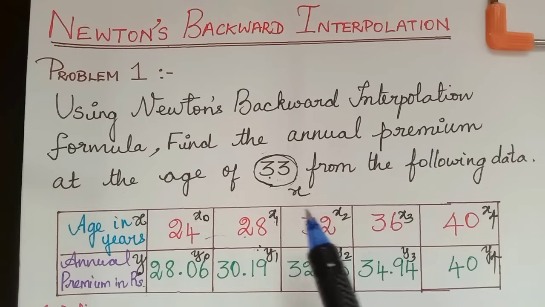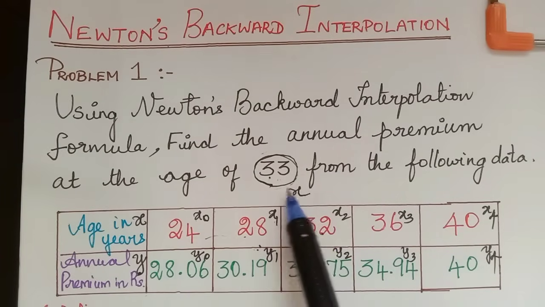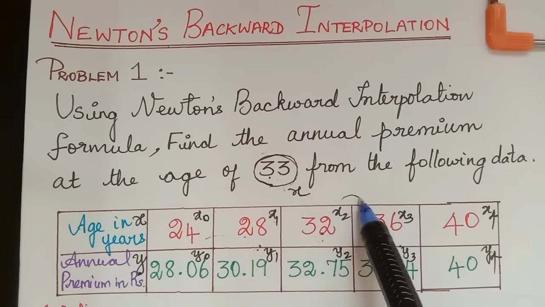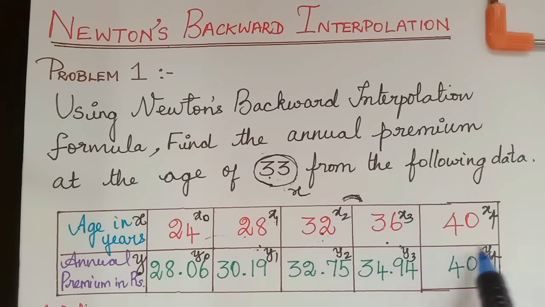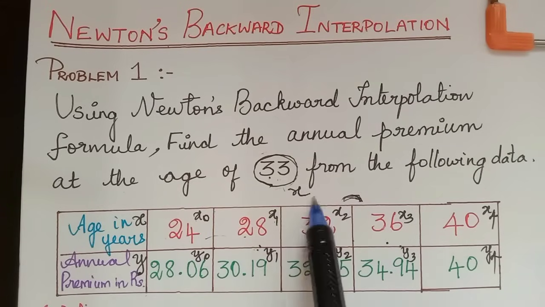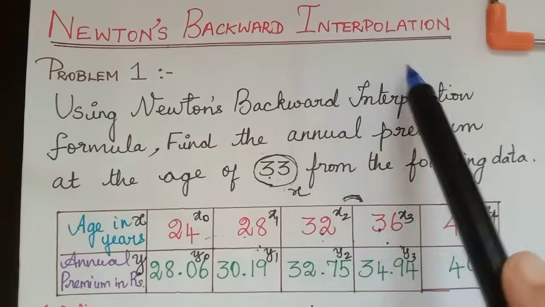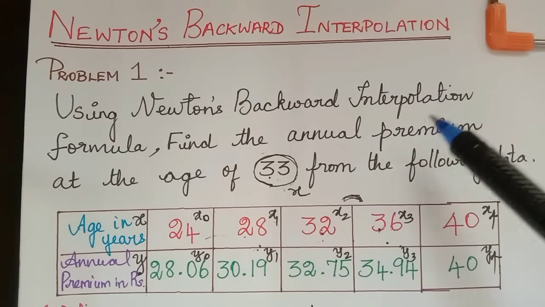No. Between 32 and 36? Yes, 33 lies between 32 and 36. And so it lies in the backward part of the table. These values are backward values of the table, and these values are forward of the table. This is a mid value, and obviously 33 lies in the backward of the table. Then we have to use Newton's backward interpolation formula. That is how we have to identify.